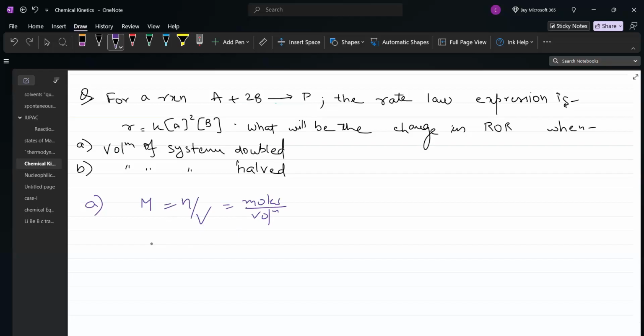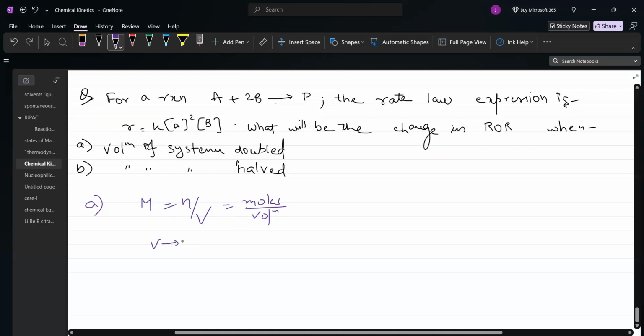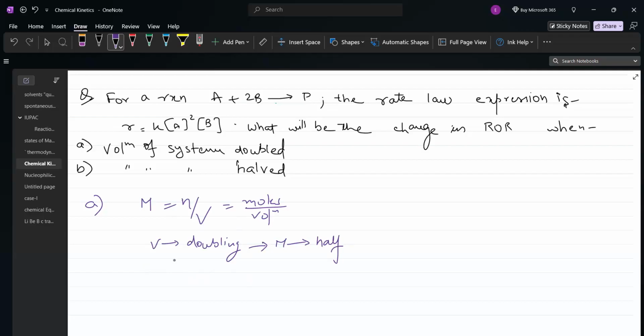When volume is doubled, molarity becomes half. So directly we can comment that when volume is doubling, molarity is becoming half.